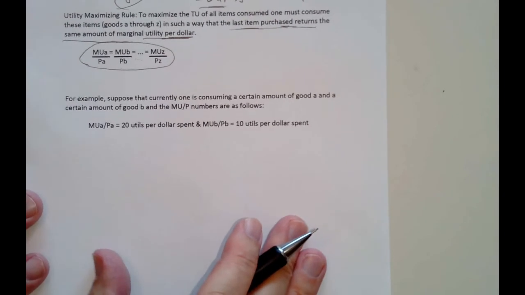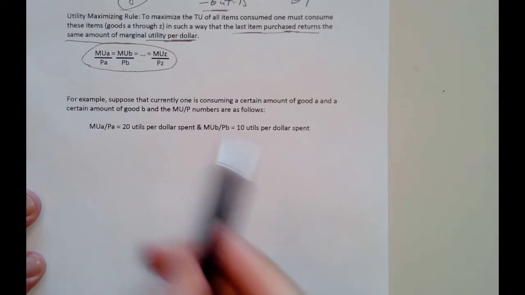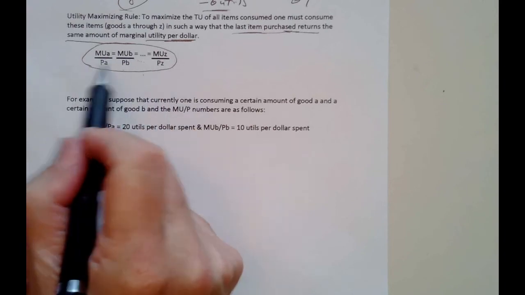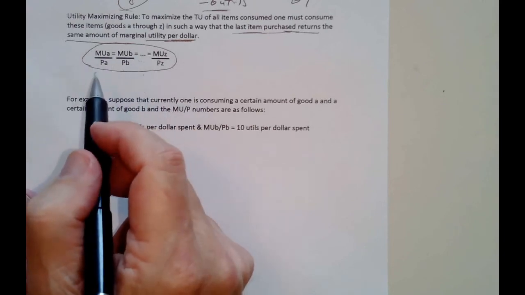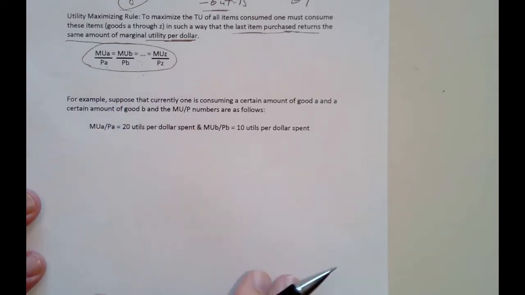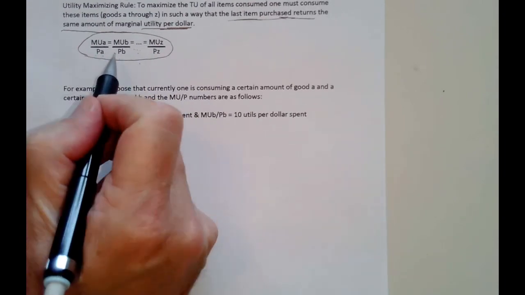And even though I'm pretty sure no one in this class has ever seen this equation before, we do behave as if we are using this, because we do look at utility, we do get an idea of the benefit we get from things, and we do take price into consideration. And we want to take price into consideration because just looking at the marginal utility is not a fair comparison.